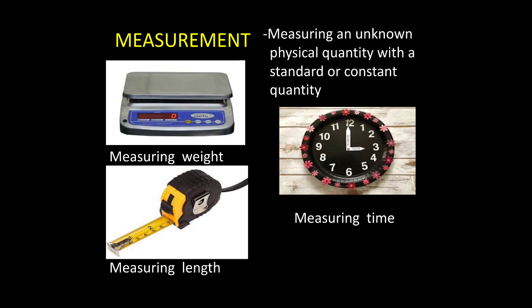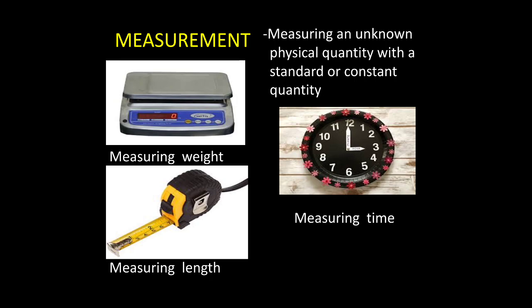Physical quantities are classified as fundamental and derived quantities. So what is a fundamental quantity now? First of all, I told you what a physical quantity is. It is of two types, that is fundamental quantity and derived quantity. The quantities which do not depend on any other quantity are called fundamental quantities, for example length, mass and time.